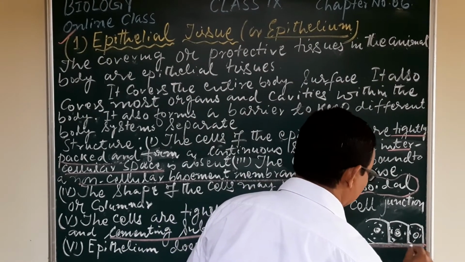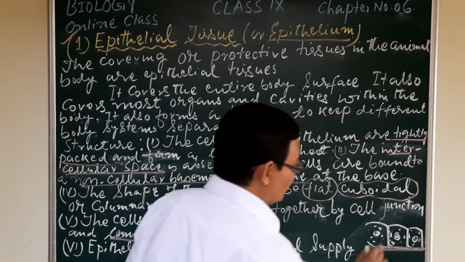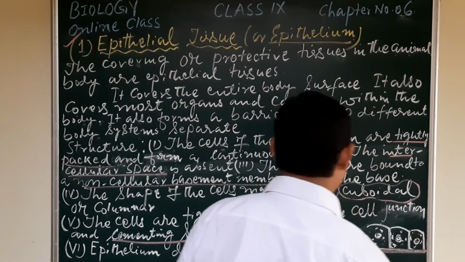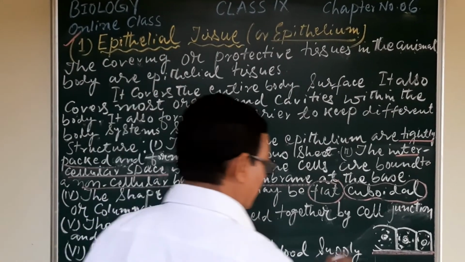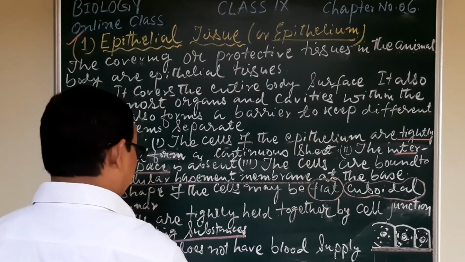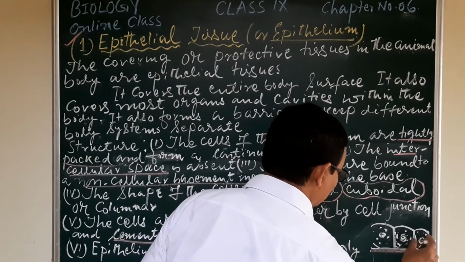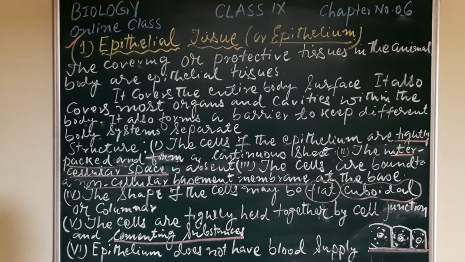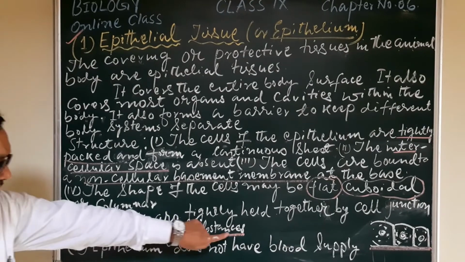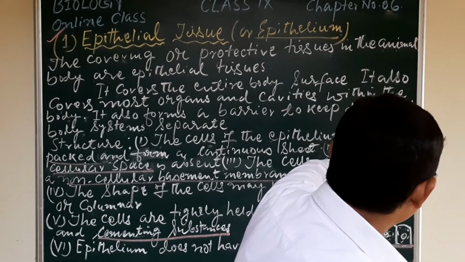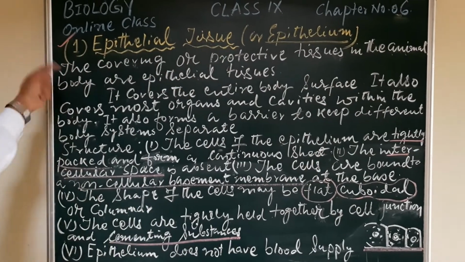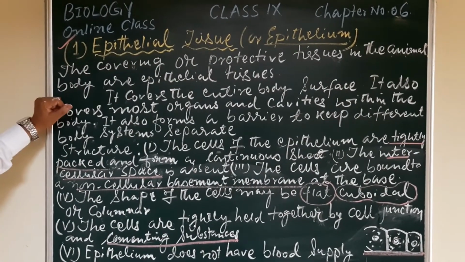And these two cells are tightly held together by cell junctions and cementing substances. These two cells are held tightly together with the help of the cementing substances. There is no blood supply to these cells. So these are some special features.